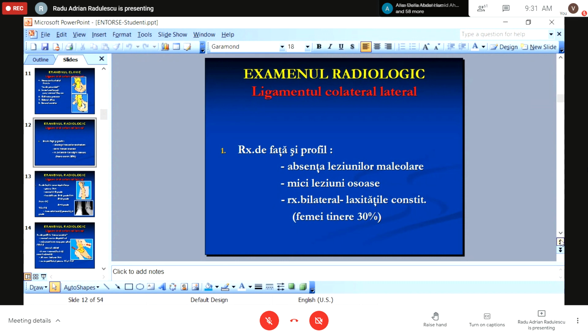And sometimes we may take an X-ray of the normal ankle and then of the injured ankle in order to compare those two and see what is normal and what is pathological in that person.